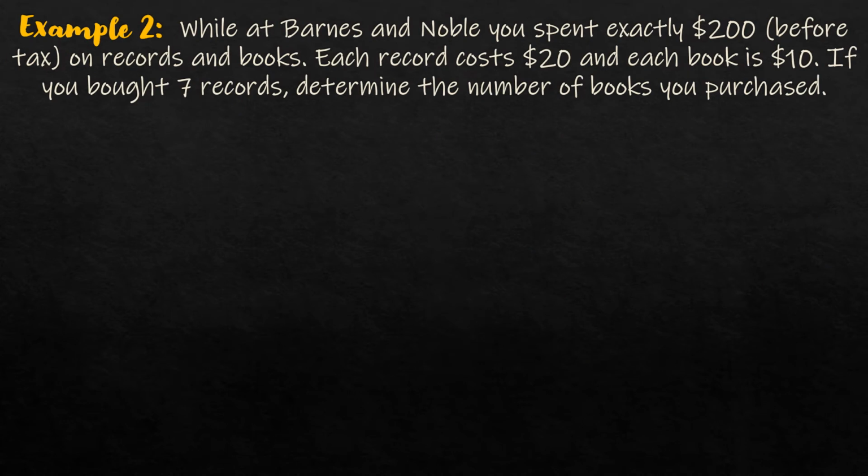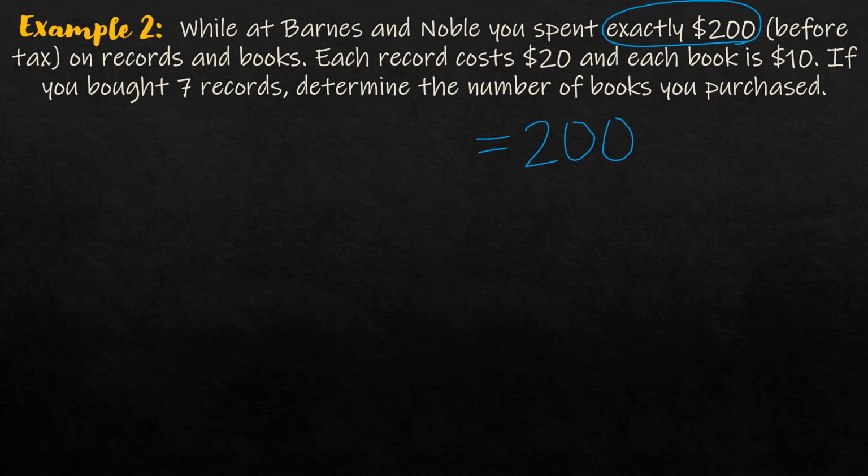Example 2. So while at Barnes & Noble, you spent exactly $200 before tax on records and books. So if you spent exactly $200, that's not more than $200, that's not less than $200, that means you were equal to $200. Okay?